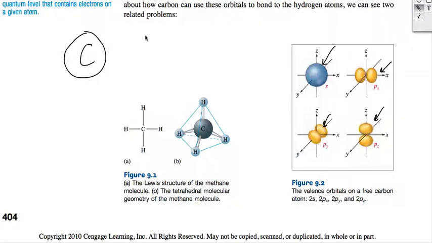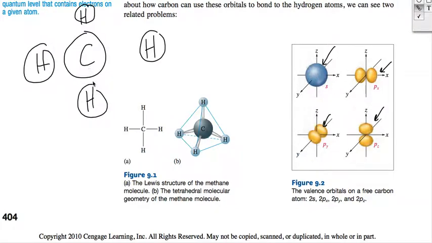But now that carbon atom comes into the possibility of bonding with 4 hydrogen atoms. Each of those hydrogen atoms has electrons as well, and they are going to share electrons with the carbon and make a molecule.